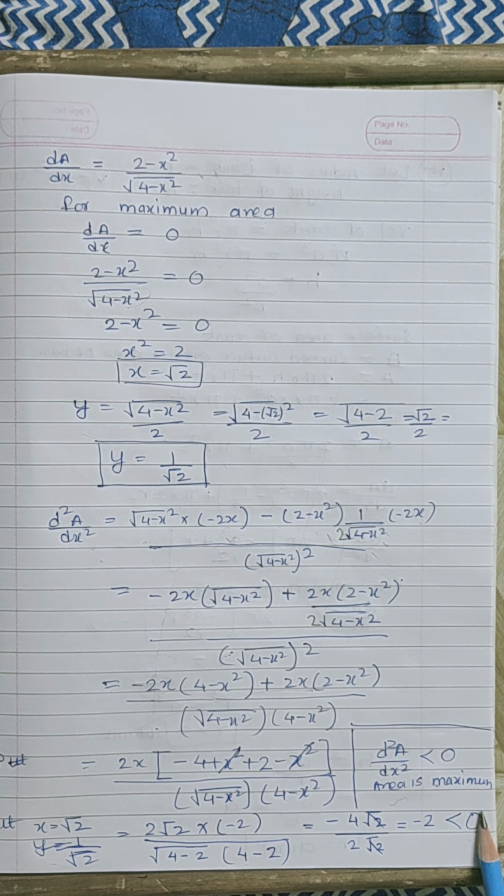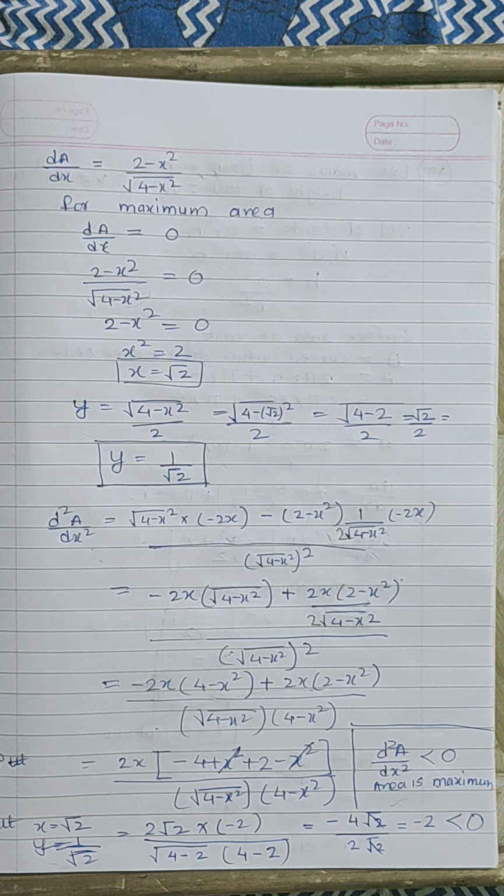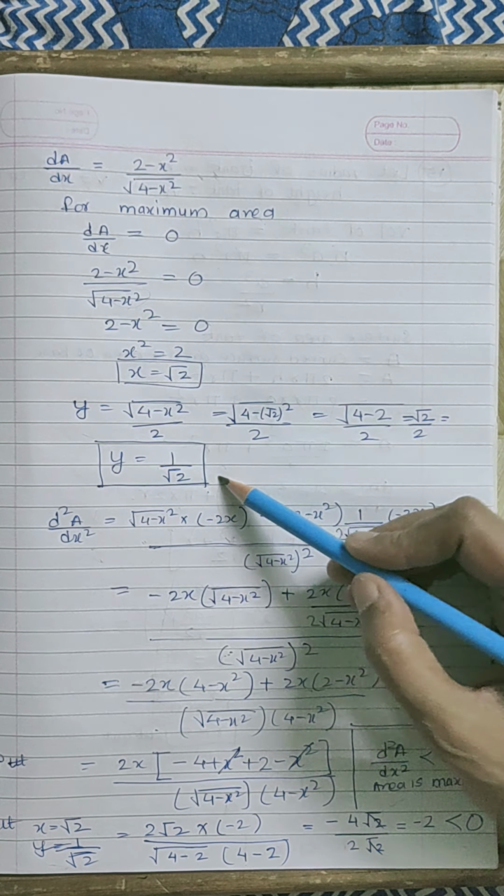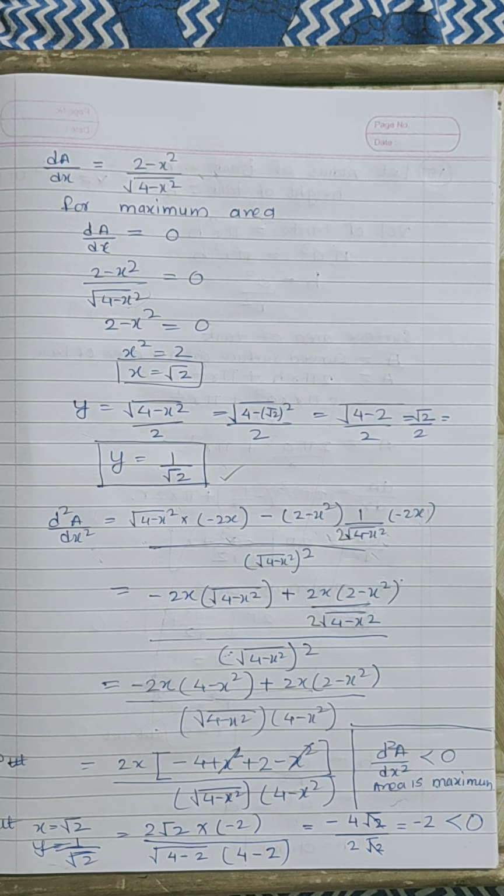Okay, so now the dimensions are x is equal to root 2 and y is equal to 1 upon root 2. Up to here it is correct, but you have to find its second derivative also.